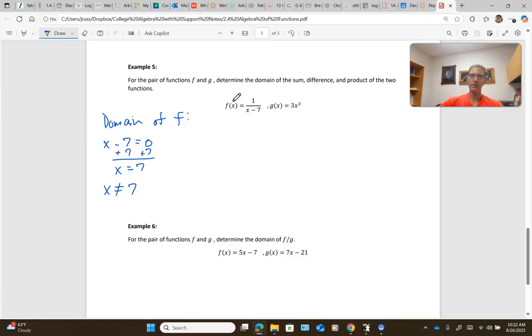Or in other words, if 7 will not work for this function, then it's not going to work for the sum, difference, or product of these two functions.